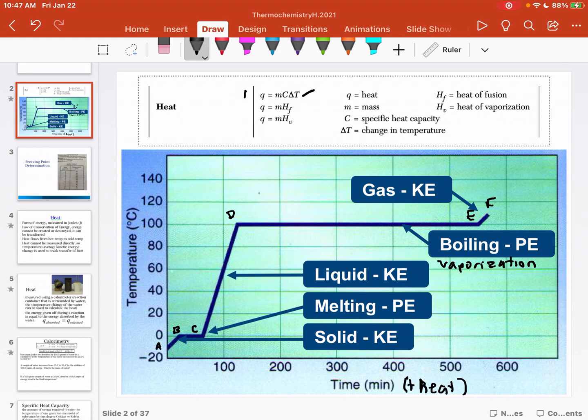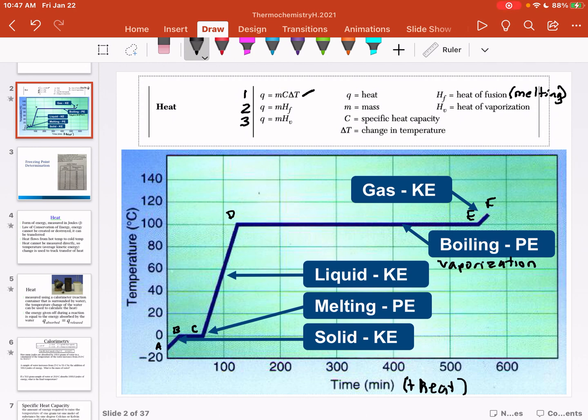If I examine line segment BC, what we know is that is melting. And I will tell you that heat of fusion is used when we would like to talk about melting a substance. And if I look at line segment DE, I would use heat of vaporization.